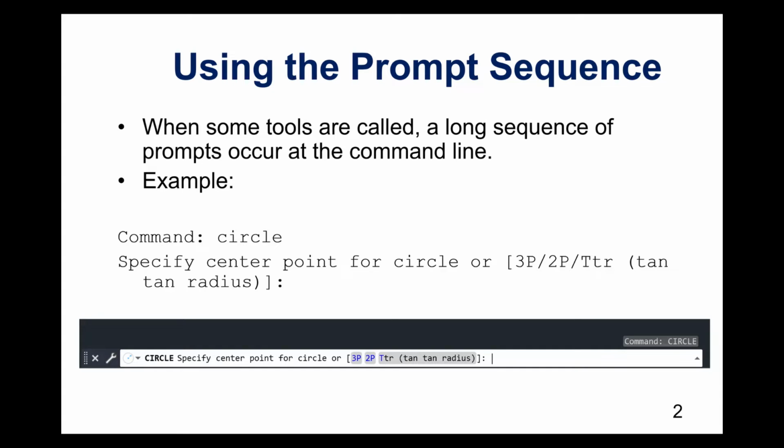For example here, the circle command was chosen to demonstrate the various input and prompt sequences that are typical with AutoCAD commands. As you enter circle, you will be asked, how would you like to start drawing the circle? You can either specify a center point for the circle or specify other inputs such as 3 points, 2 points, or tangent radius. Now let's try an example.